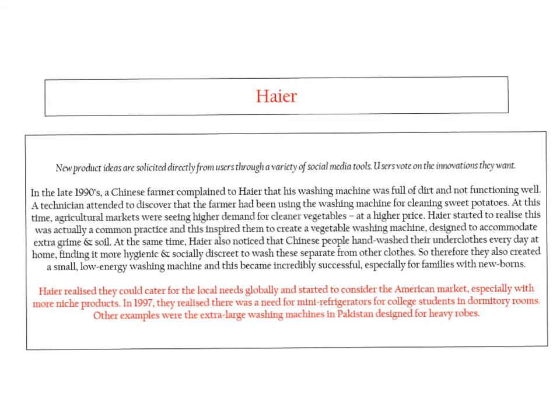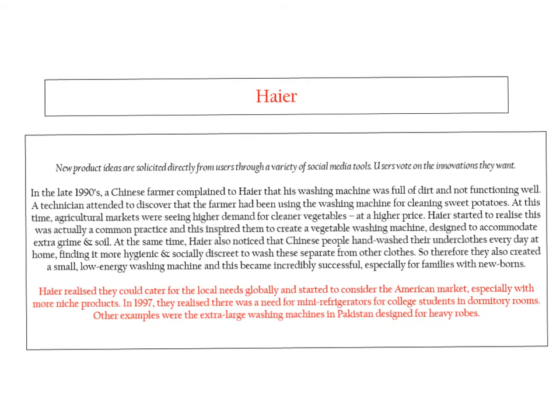They wanted to be socially discreet when washing these separately from other clothes. So they created a small, low energy washing machine, and this became incredibly successful, especially for families with newborns. Now, they thought, well, if we can do this for the Chinese market, then surely we can do this for other markets as well.